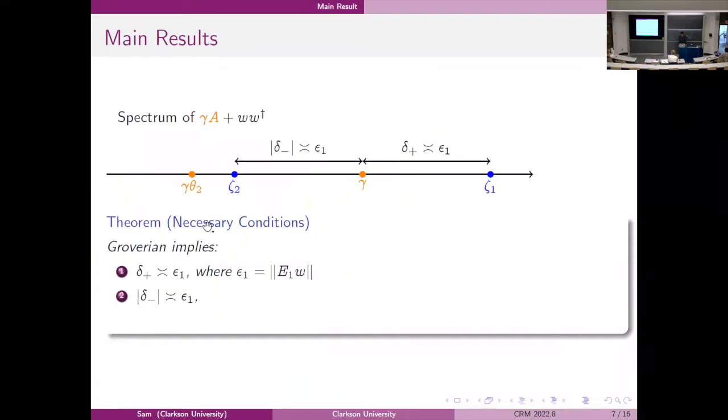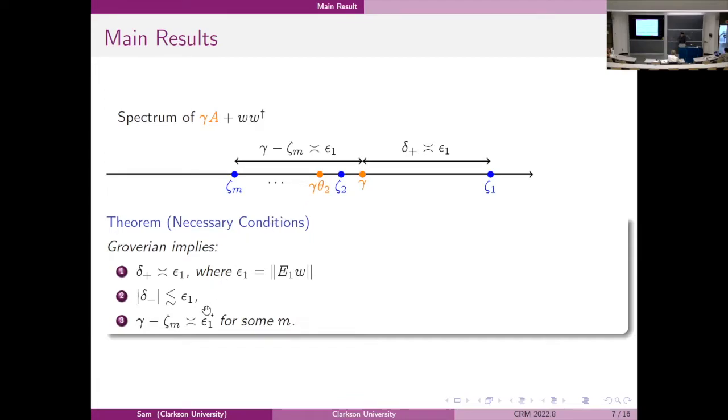Covariance implies this. Of course, this is not always the case, because gamma theta 2 can be so close to the principal value. In that case, somebody else should line up with epsilon 1. So we say there is a zeta m, and the gap between gamma and zeta m should line up with epsilon 1 for some m, in the case where the second eigenvalue is so close to the principal one.